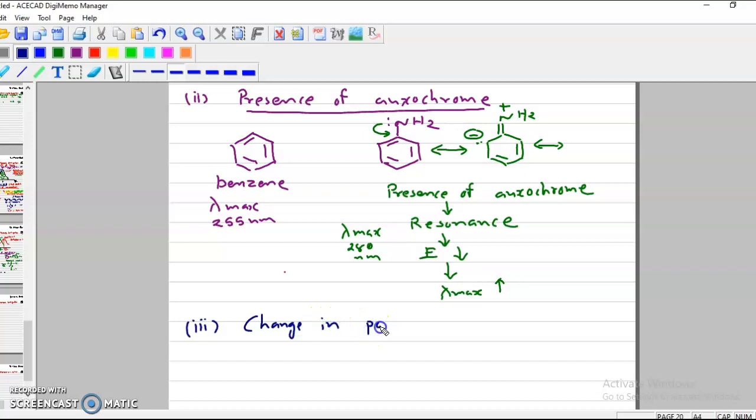Change in polarity of solvent. So how can change in polarity of solvent change the shift?